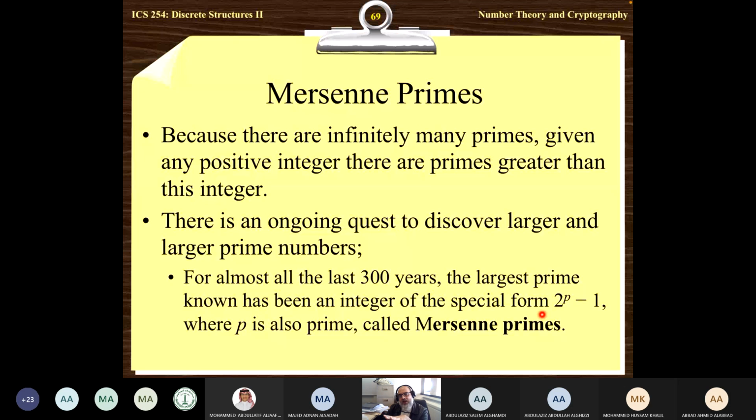And if this is also prime, keep doing this, 2 to that power minus 1. So there is no meaning for searching for large prime numbers, right? Once you have 2 to the power p minus 1 as a prime, keep recursively raising 2 to the power and subtracting 1. But that is not the case.